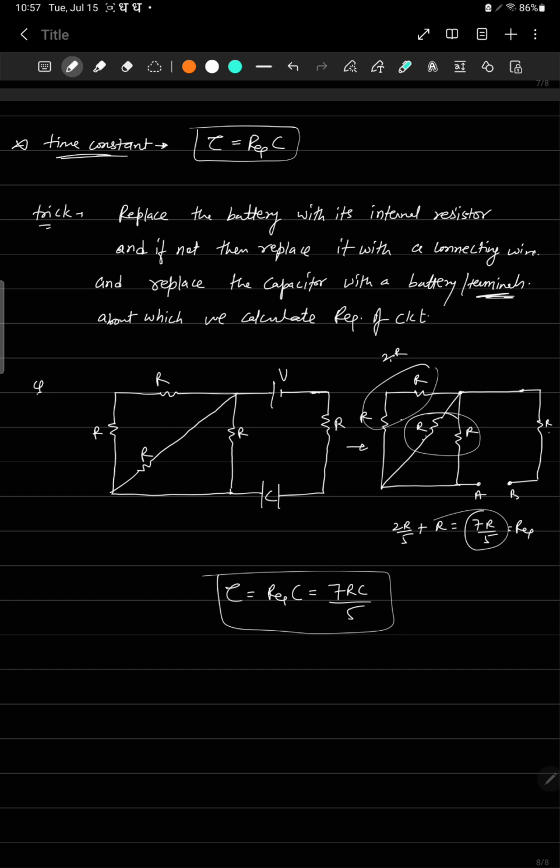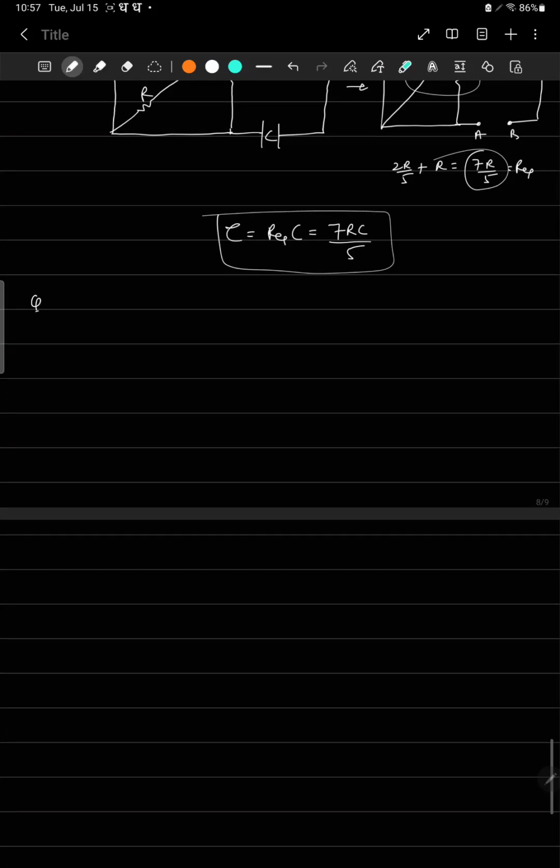There could be so many examples which you can think of about this time constant. So let's do one more question. There's a battery here, but just follow the process which is written. Otherwise, if you keep thinking and do not follow that, it will be a very complicated process to find the time constant.